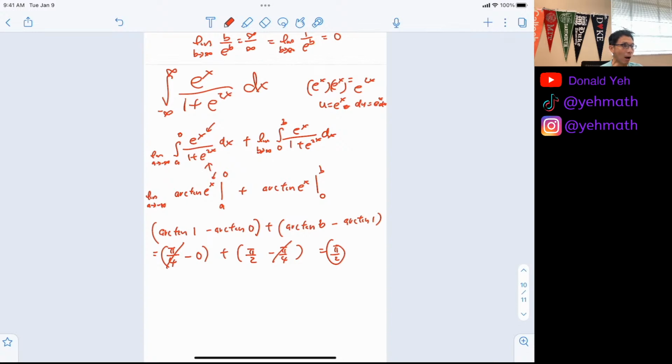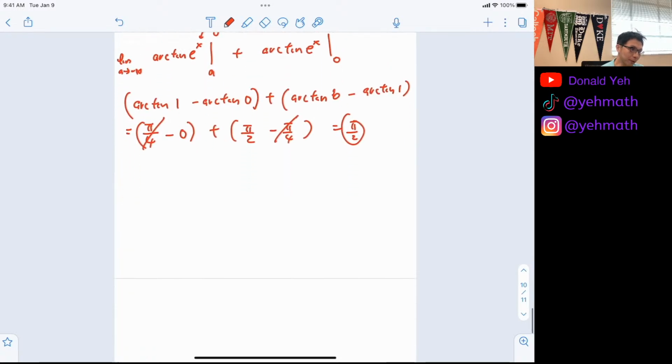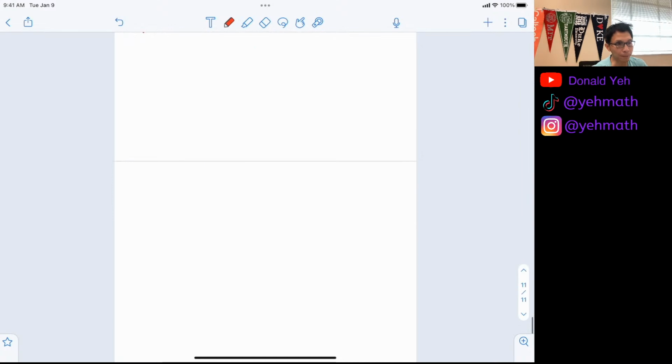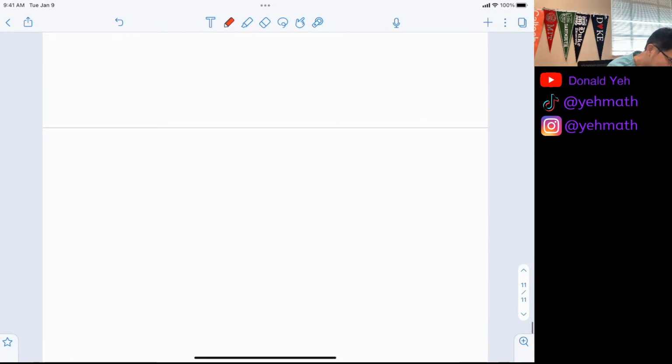Now, there are different types of improper integrals. So we're going to say this function is usually continuous. How about an improper integral with discontinuity? So instead of approaching infinity, sometimes you might get a one-sided thing.